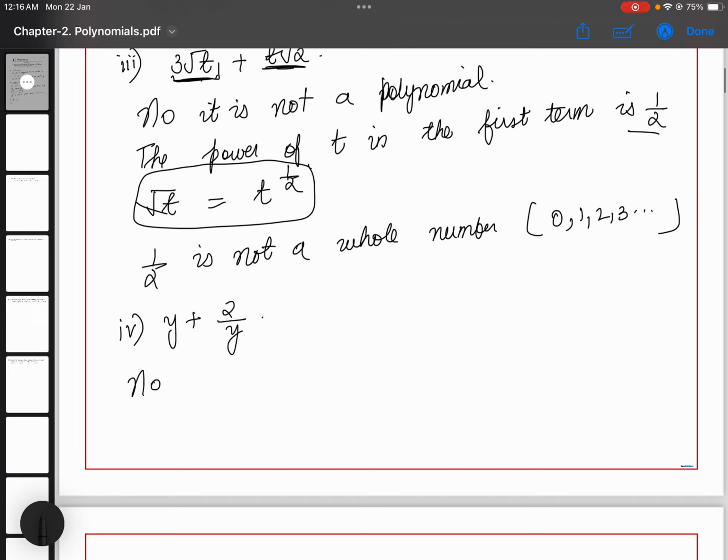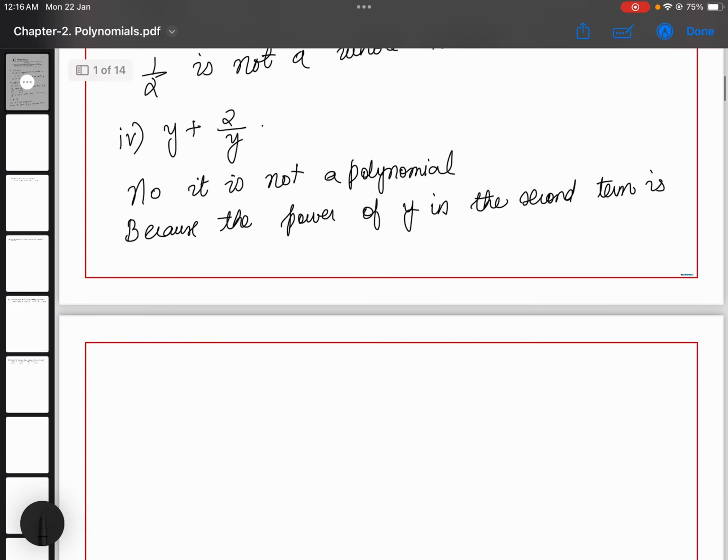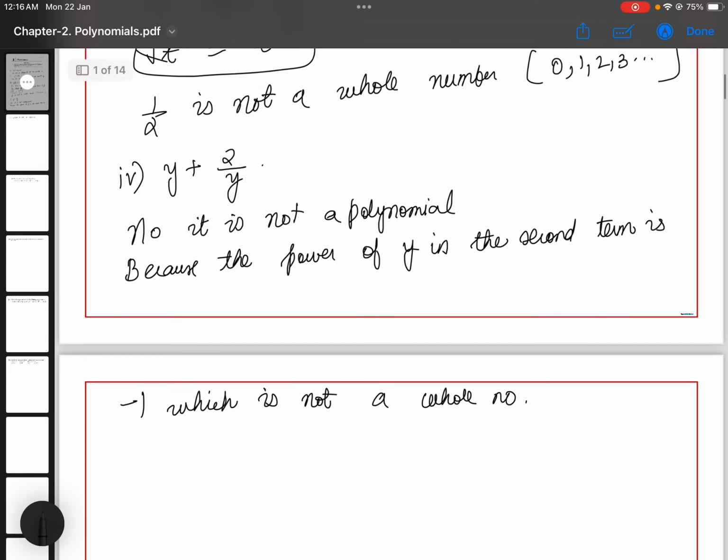Here again the answer is no. It is not a polynomial, because the power of y in the second term is -1, which is not a whole number. See, this is y in the second term.